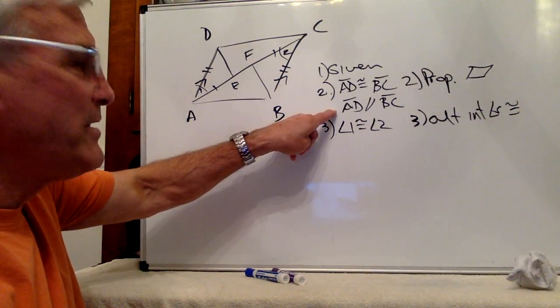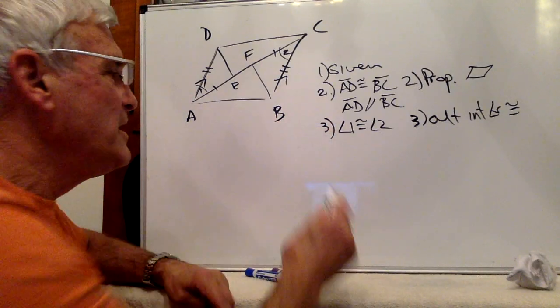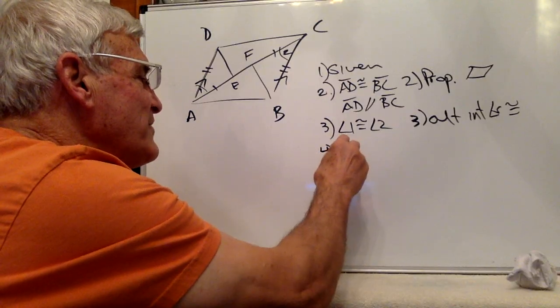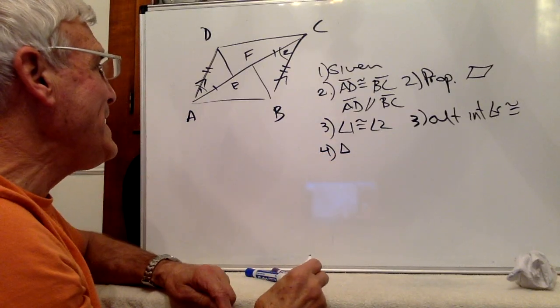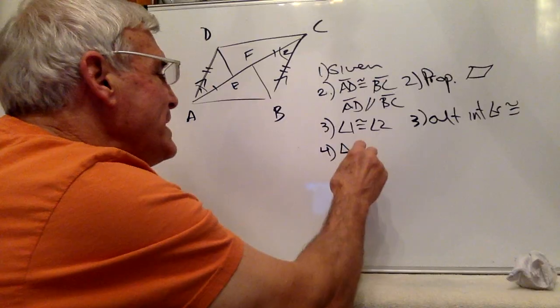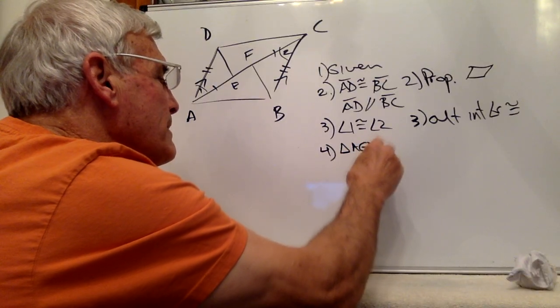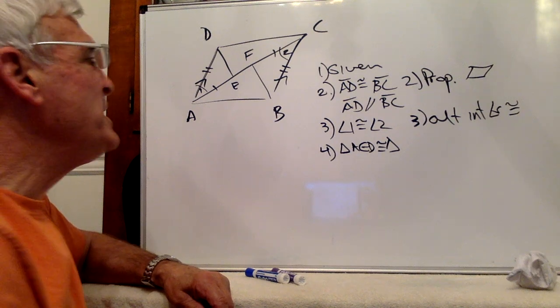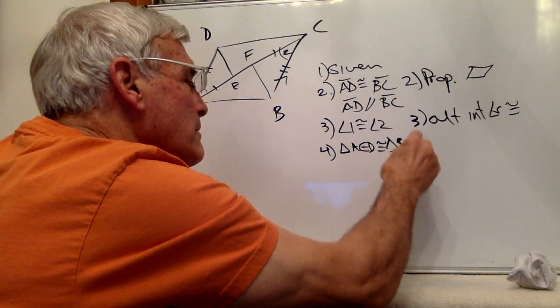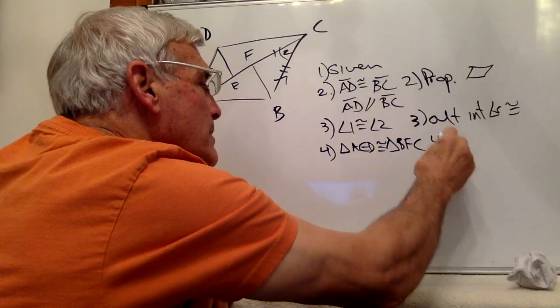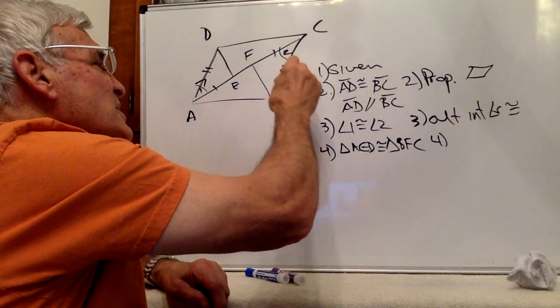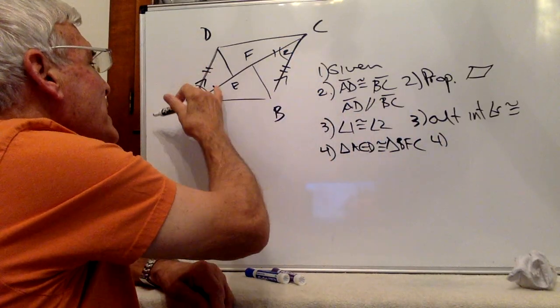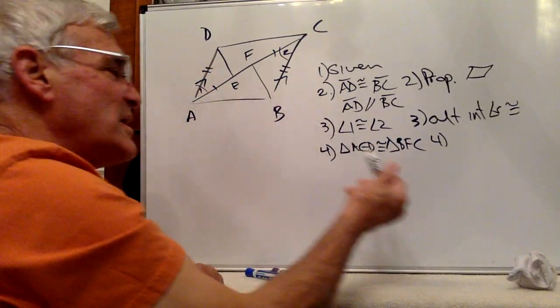They're parallel right there, property of parallelograms, and that gives me enough to say that triangle AED is congruent to triangle BFC by SAS, side angle side.